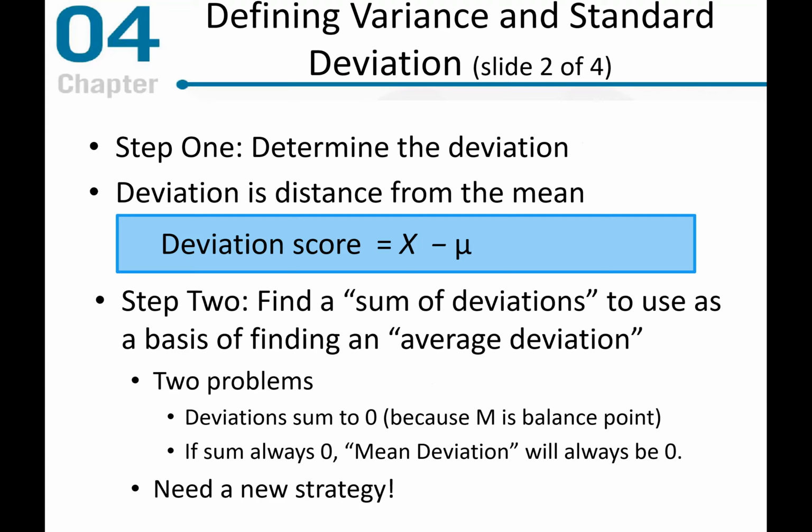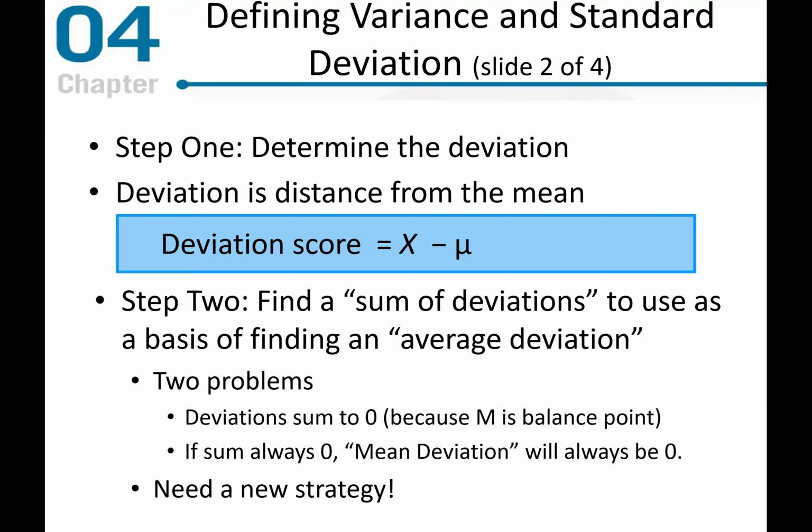So instead, we're going to find the deviation, the distance from the mean for each score, right? So we're going to take each score and subtract the mean from it. And then we're going to square each of those deviation scores. Then we're going to add all those squared deviations up and divide by the number of scores that we have. And that is going to be called the variance. And that is the average of the squared deviations.